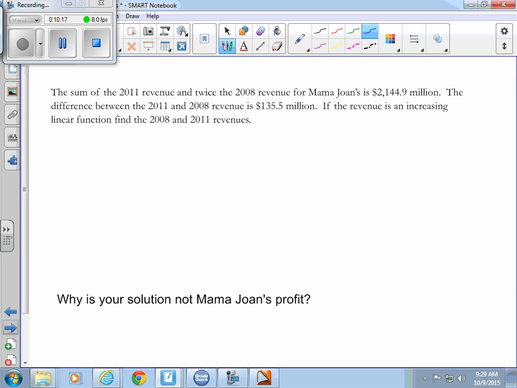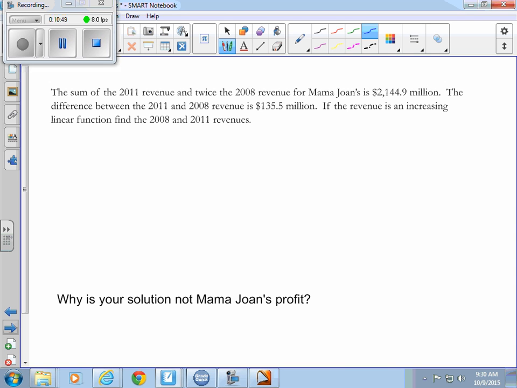So some more problems. Sometimes they'll give us the equations, other times they won't. Sometimes we'll have to come up with the equation on our own. So, the sum of the 2011 revenue and twice the 2008 revenue for Mama Jones is 2,144.9 million.